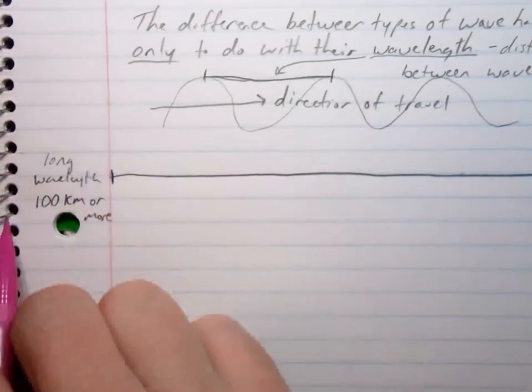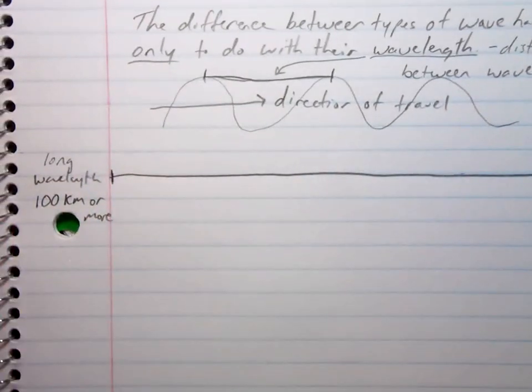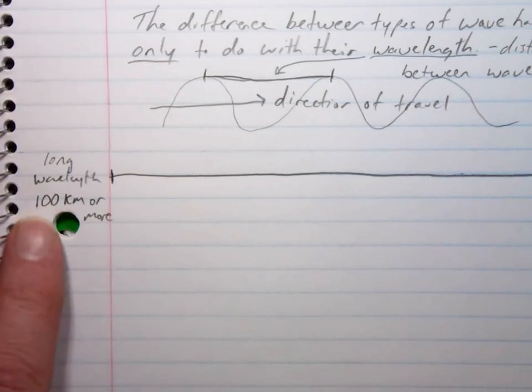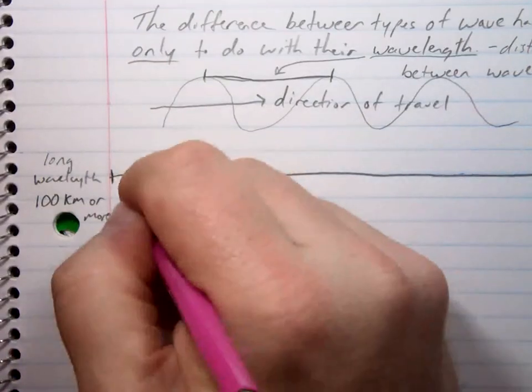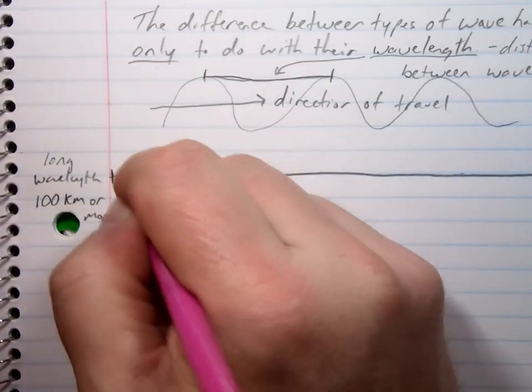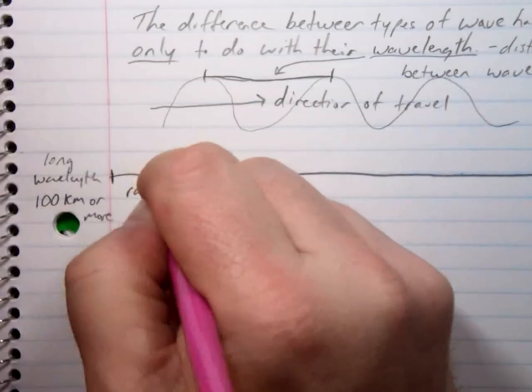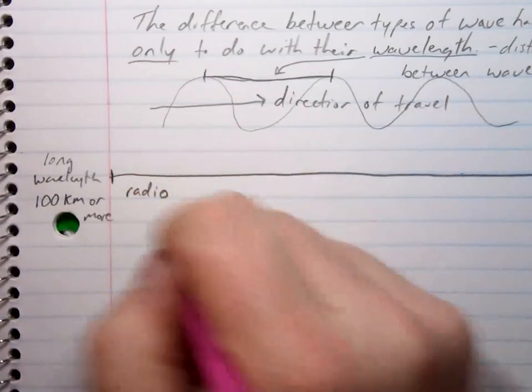Like the distance between the peaks can be like from where we are to close to Festus. Some of them are pretty long. Most of them aren't quite that long, but that's how long this goes here. So the longest waves that fit into that are radio waves.